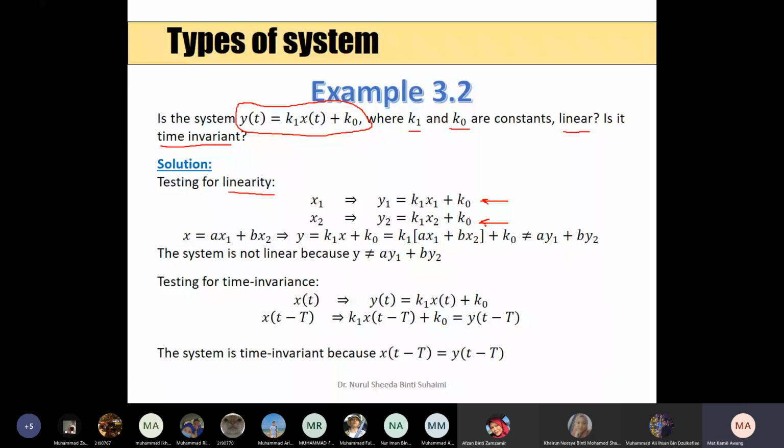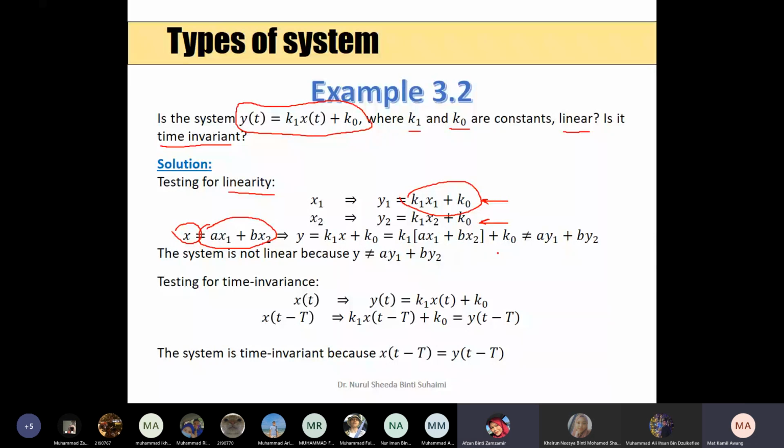Then assume x is equal to a x1 plus b x2. So therefore y is equal to k1 x plus k naught. So you take this, put it into the equation, and you do the math.